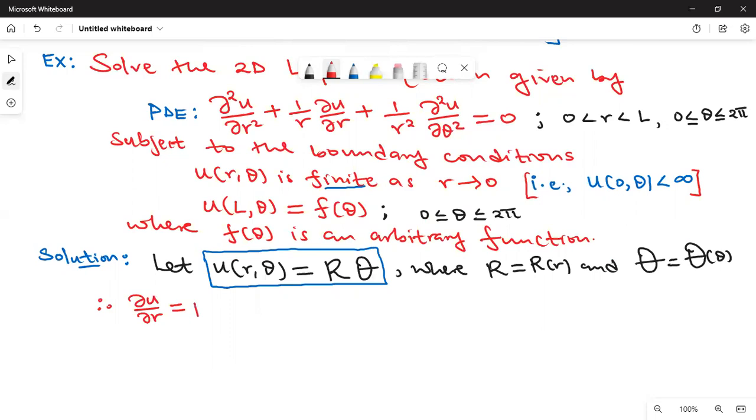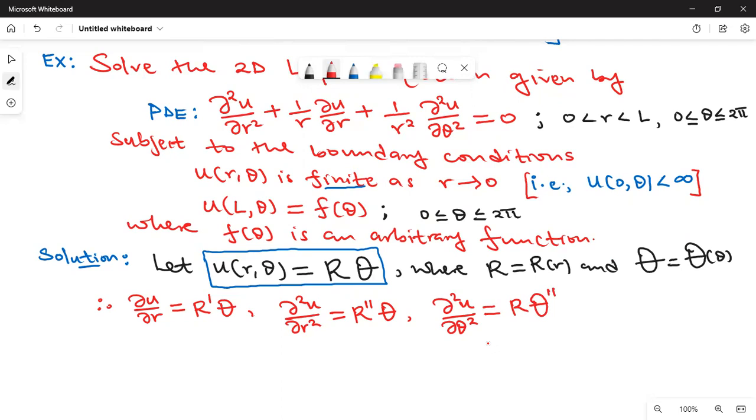So we differentiate R, that will be R prime times Theta. Second derivative of u with respect to r twice, again you differentiate R twice, keeping Theta constant. And lastly, second derivative of u with respect to theta twice. Now we keep R constant and differentiate Theta twice.